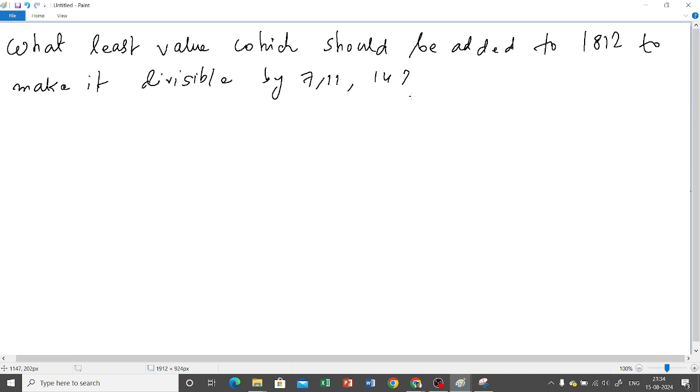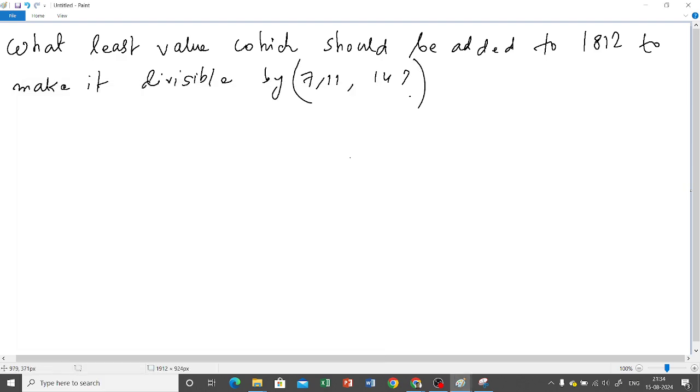What is the least value which should be added to this to make it divisible by 7, 11, 14? Try out this thing. So see, it is given to make it divisible by 7, 11, 14. So first of all you need to find out the LCM of these numbers. Try to think about this, visualize this and do. It is a one-liner sum but very good.